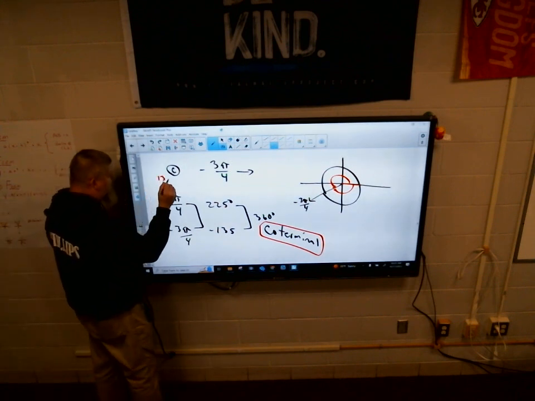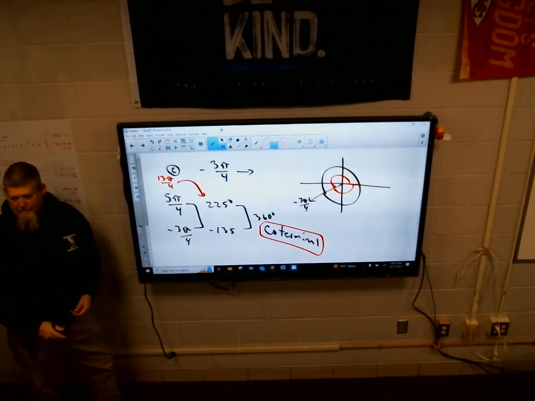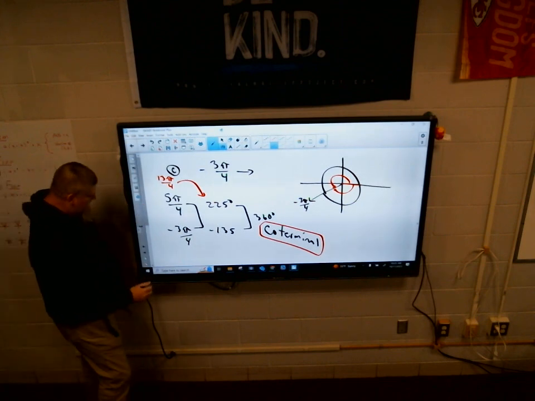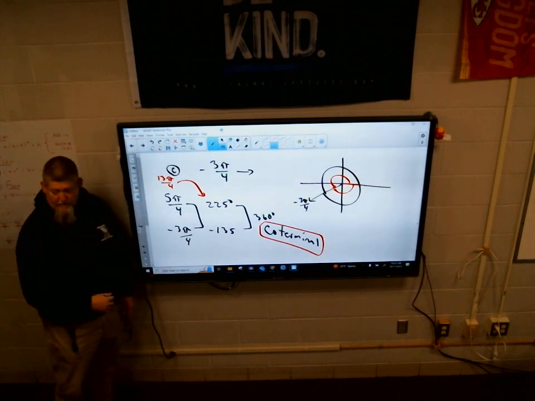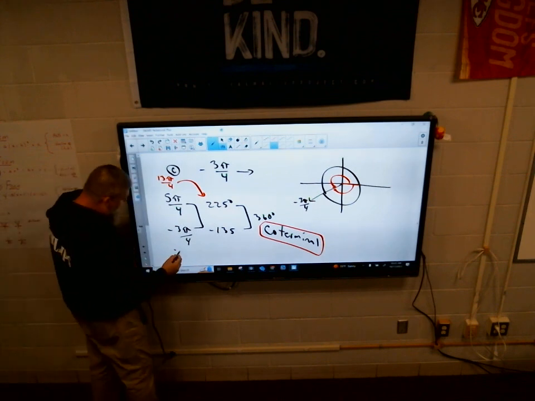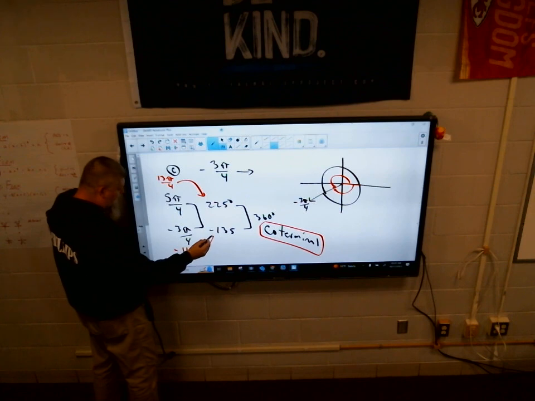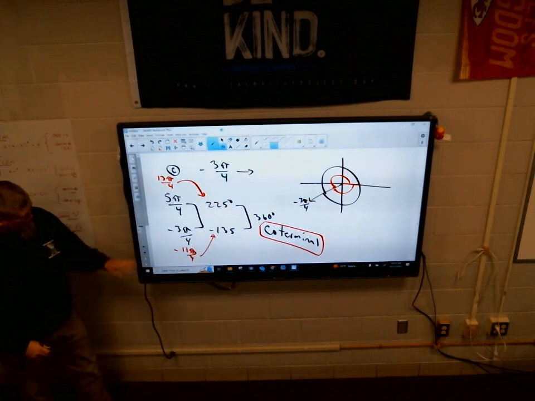13 pi over 4 is also exactly the same thing, because it's just one more revolution. It would be positive 135? Yes, positive 13 pi over 4. Negative 11 pi over 4 would also be in the same place. They're all coterminal.